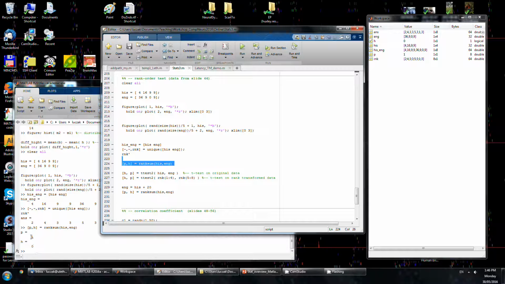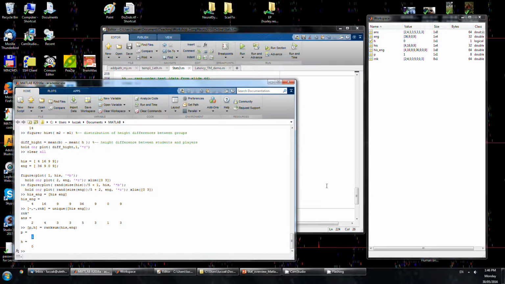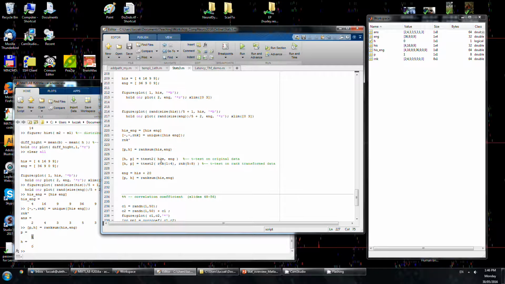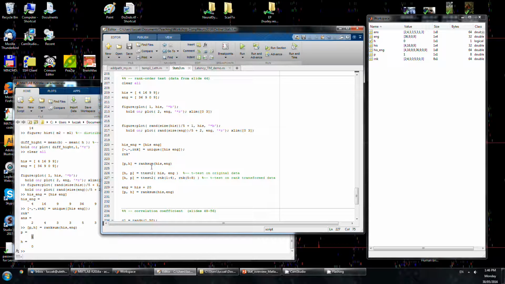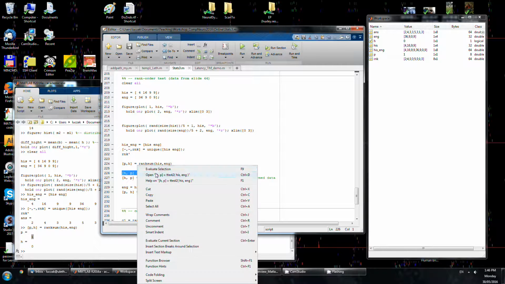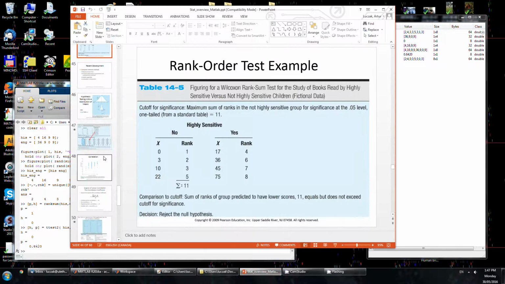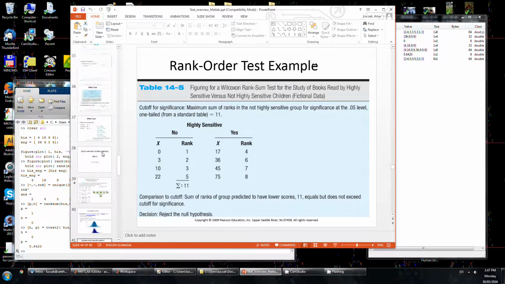Here it gave us a p-value of 1, so it shows that there is no statistical difference between both groups. We could also apply a t-test to those two data sets, and the t-test would say that the p-value is around 0.6, so it's still not significant.